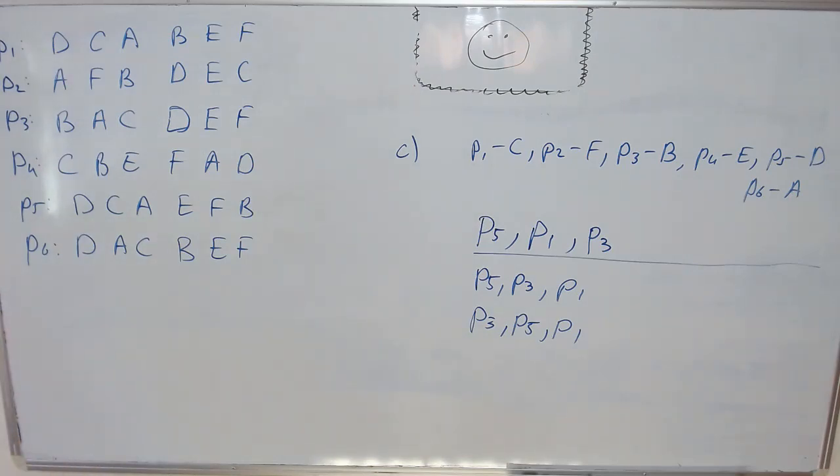So P3 grabs B. Okay, who wants to go next? How about P2? No, A is still on the market. P6.